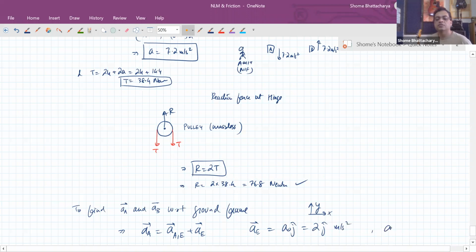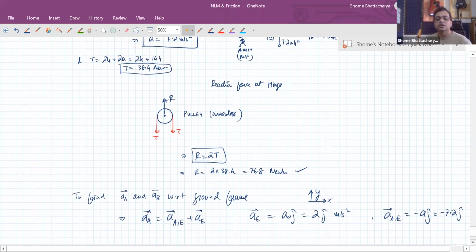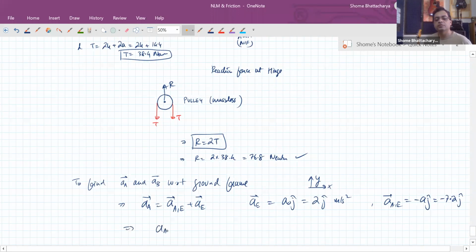And acceleration of A with respect to the elevator is minus a j cap, that is minus 7.2 j cap. So we can see that acceleration of A in the ground frame will become minus of 7.2 plus 2, will be minus of 5.2 j cap in meters per second square.